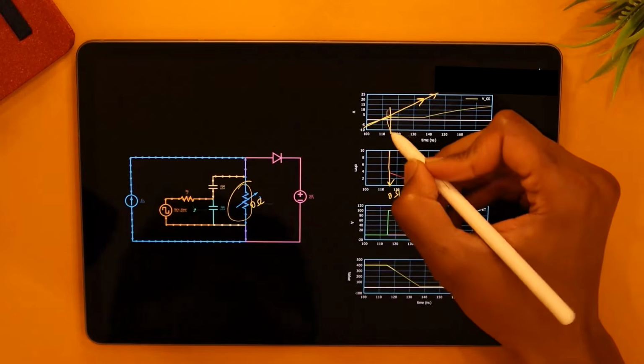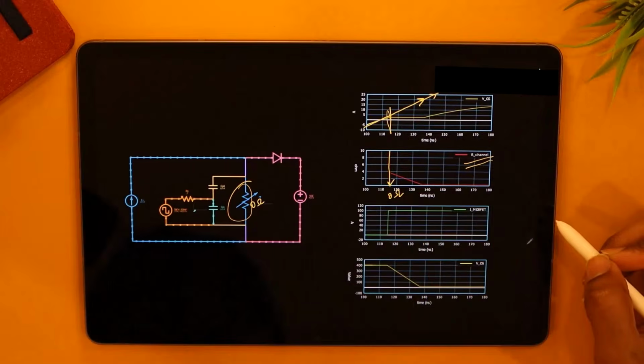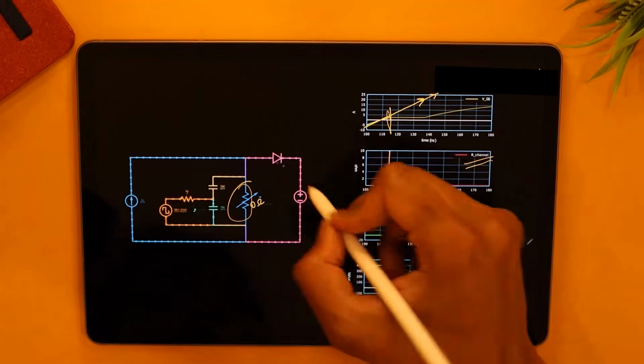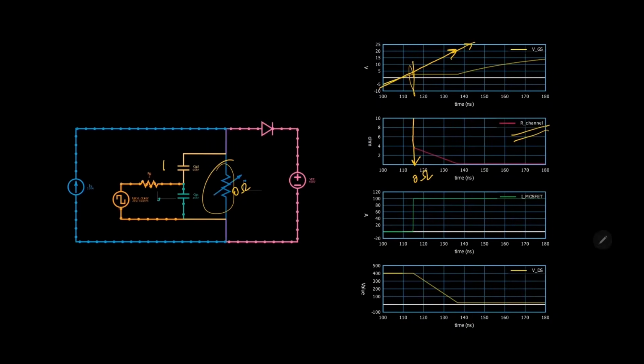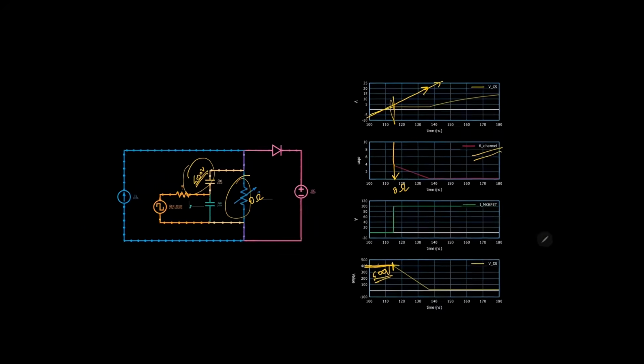And this resistance we are talking about, this guy here, would have been 0 ohms. Now, just leading up to this moment, the MOSFET was off. Remember, the MOSFET was off, the diode was conducting. And when the MOSFET was off, the voltage across the MOSFET was 400 volts. So these capacitances, CGD and CGS, combination of them were charged to 400 volts. Look at this voltage across the MOSFET here. It was charged to 400 volts just before the plateau began.